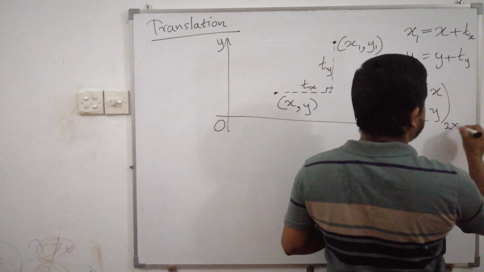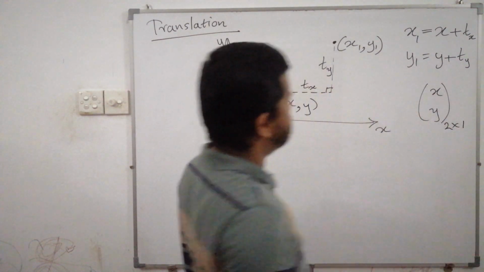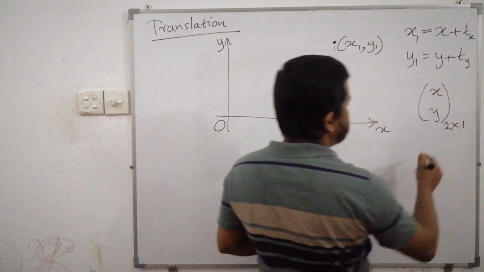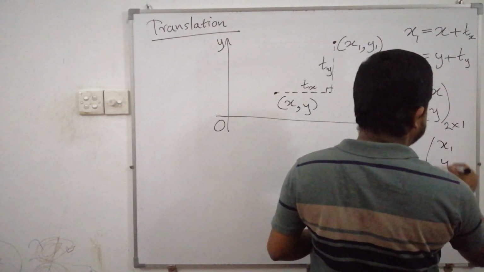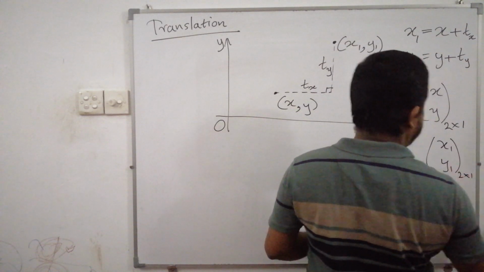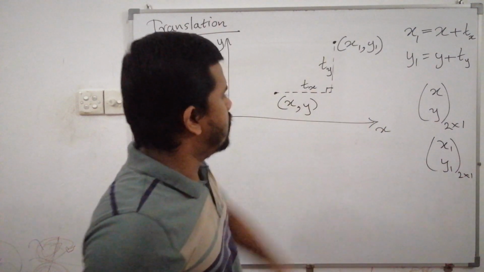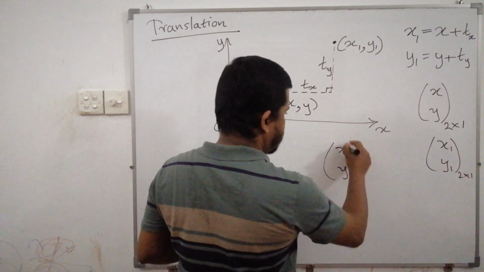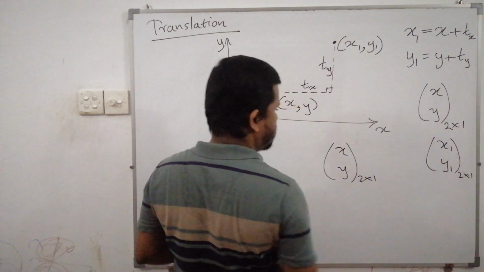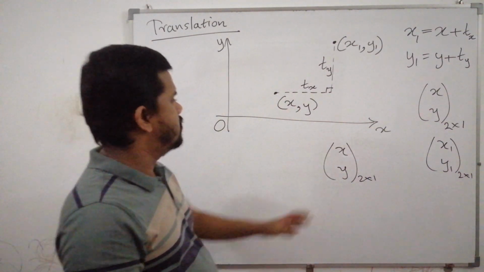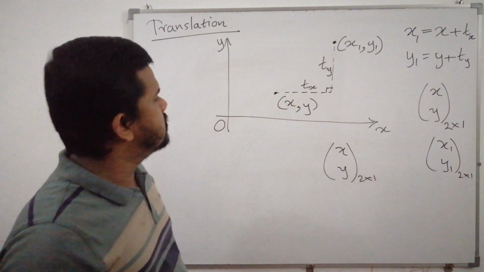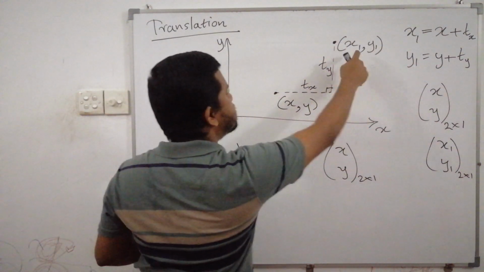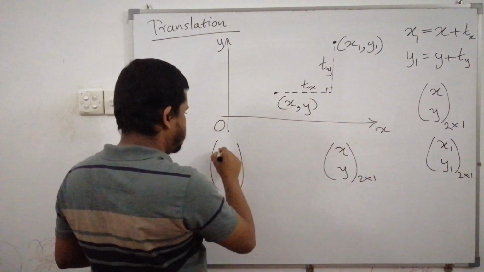Here we have two rows and one column. Similarly, we can represent this one like this. So now we have this 2 cross 1 matrix that represents this point, and here we have the matrix that represents this point.